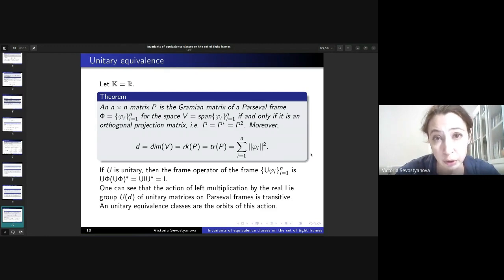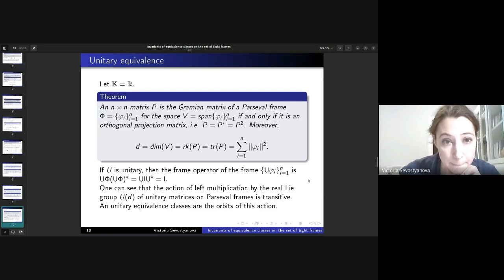This theorem shows how we can reconstruct a Parseval frame from its Gram matrix. That's an orthogonal projection of a Gram matrix, so that's a simple way. It means that if we have a Gram matrix, then we have some Parseval frame.